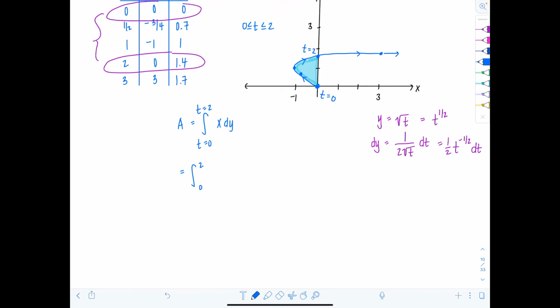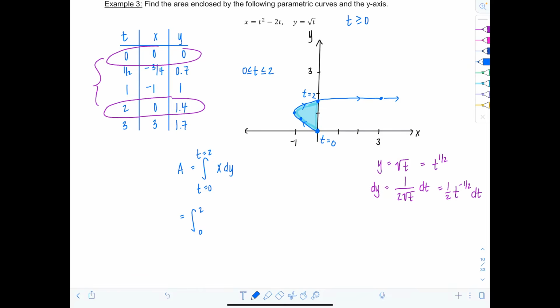Now let's be careful here with this x dy business, because x is giving us the height for the area. We're integrating along the y-axis. So I'm going to draw a typical height here. So think of this as the height portion. And it's determined between x equals 0 and the curve here, x equals t squared minus 2t.